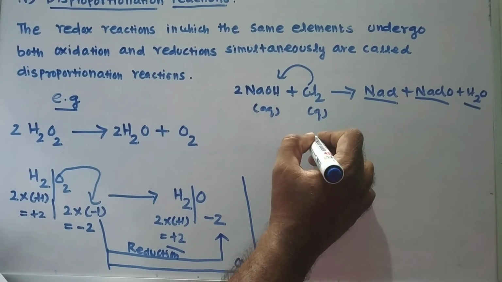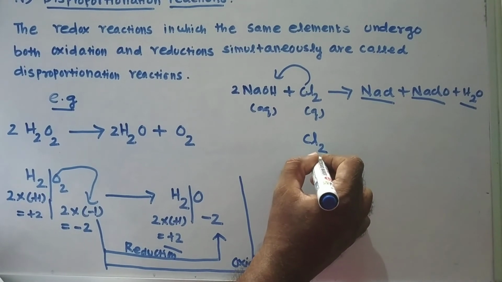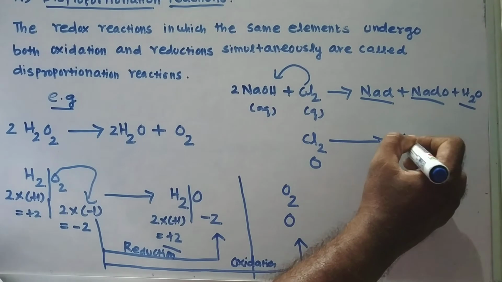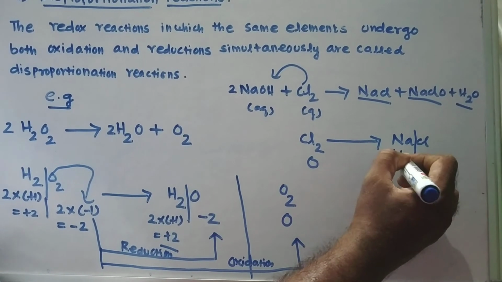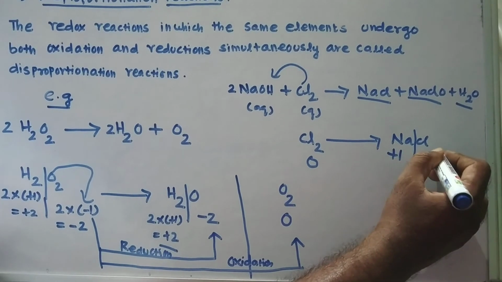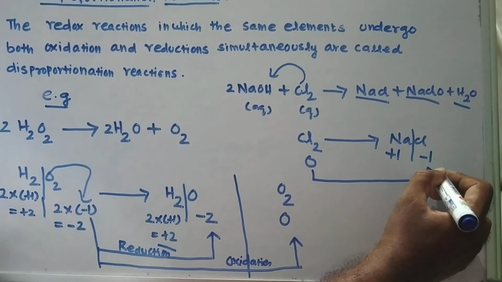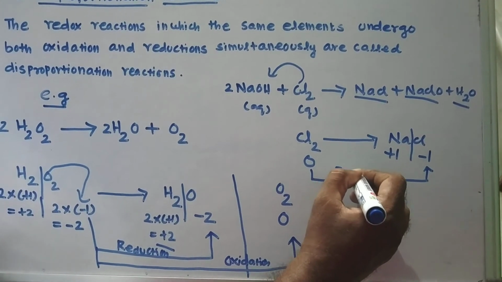In the chlorine state, let us consider Cl2. It is in the molecular state, therefore it is in the state of 0. From 0, let us consider NaCl. Here Na is in the state of +1. To balance the +1, chlorine is in the state of -1. Therefore, from 0, it becomes -1. There is a gain of electron. Gain of electron is called reduction.